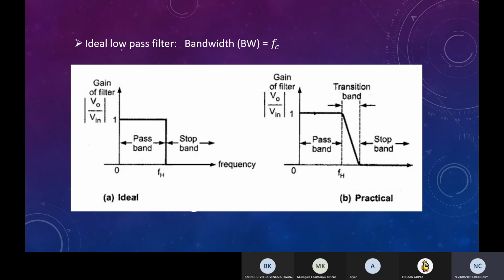For an ideal low pass filter, it should just drop to zero after the cutoff frequency. This is the cutoff frequency, and it should just drop to zero. There shouldn't be any transition range at all. Practically, there will be a transition range, and it won't directly drop to zero. Somewhere in between, we will get a cutoff frequency.